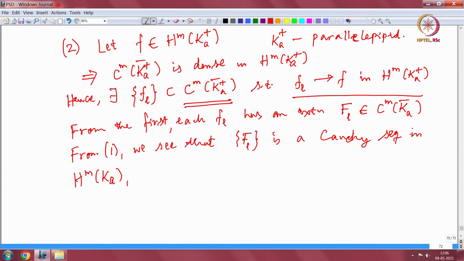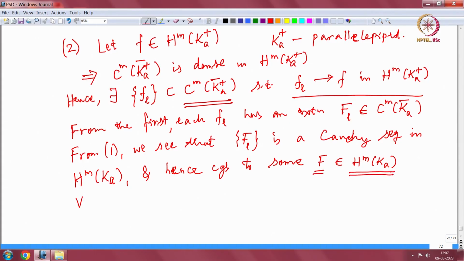Okay. And hence converges to some F in Hm Ka. Okay. So, verify. Okay. So, this is now a simple thing. So, now at least we have found a member in Hm Ka.